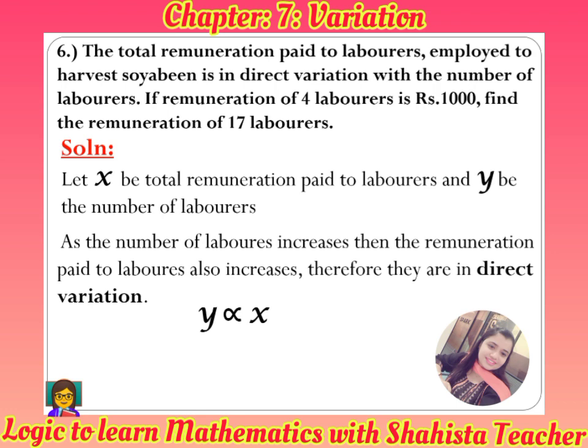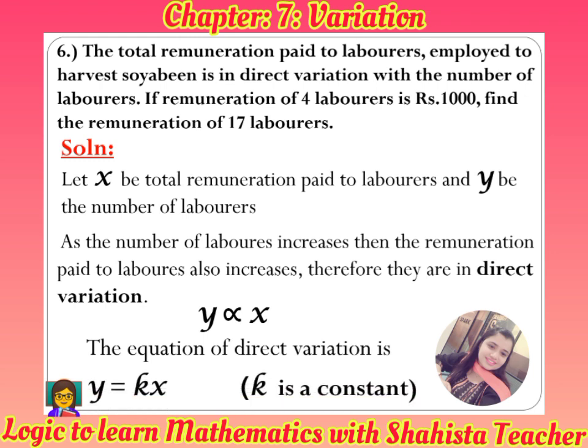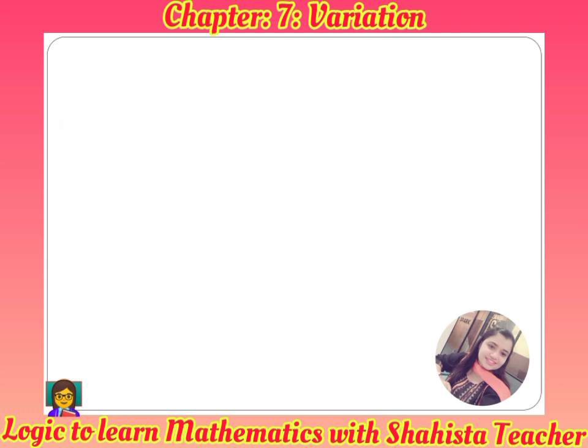First we are finding the constant value. जो आपको constant value मिलेंगी उसी से आपको आगे वर्क ऑन करना है. लेकिन सबसे पहले आपको ये बेसिक कंसेप्ट है जो याद रखना है. y जो है वो नंबर ऑफ लेबर है और x जो है वो क्या है? टोटल रेम्यूनरेशन पेड है. The equation of direct variation is y is equal to kx where k is the constant. k is a constant term. Okay my dear students, so this you have to remember. y is equal to kx. This is the direct variation equation.